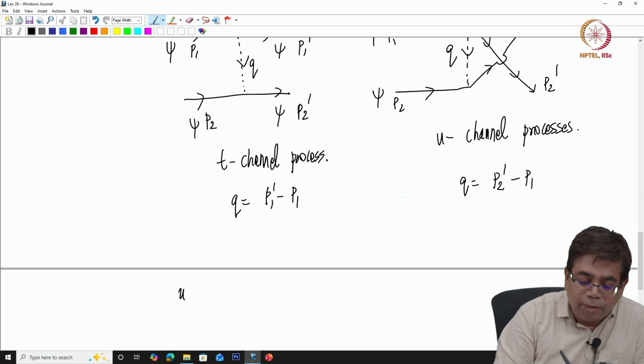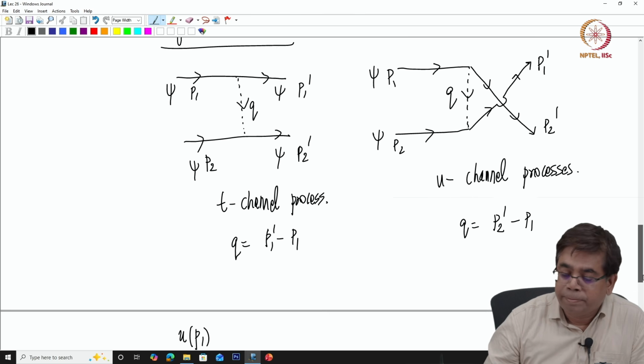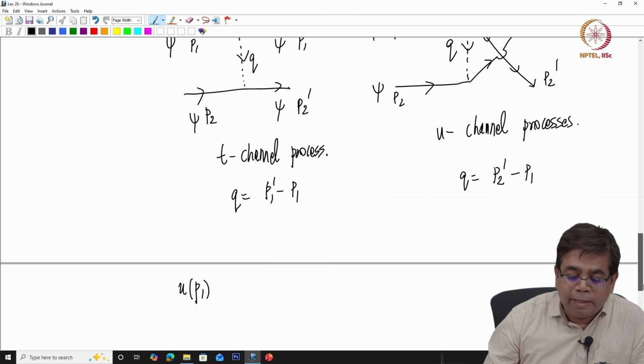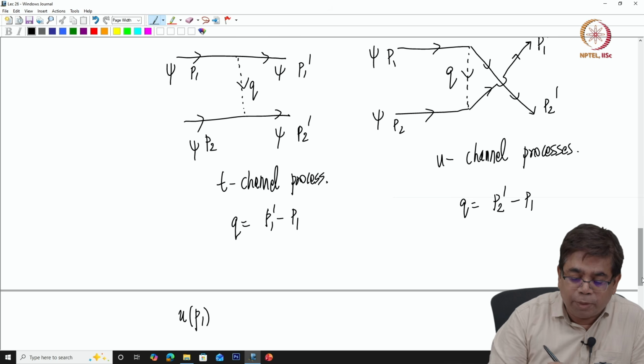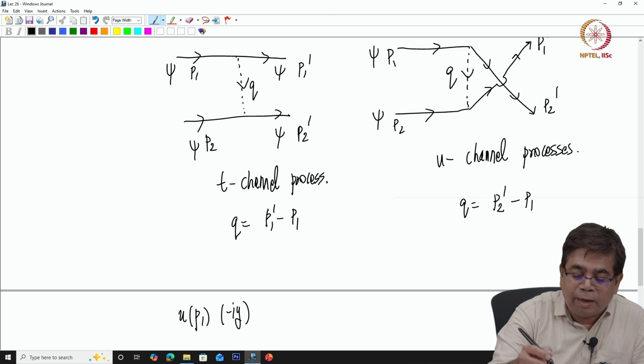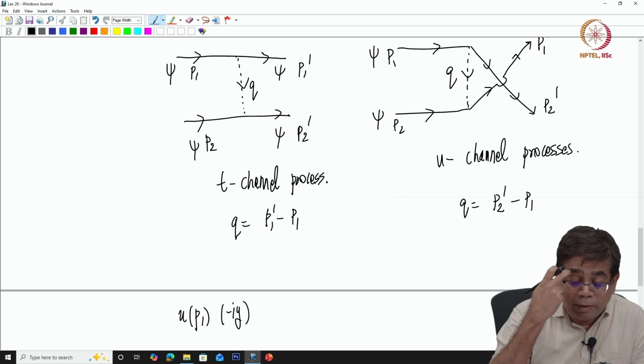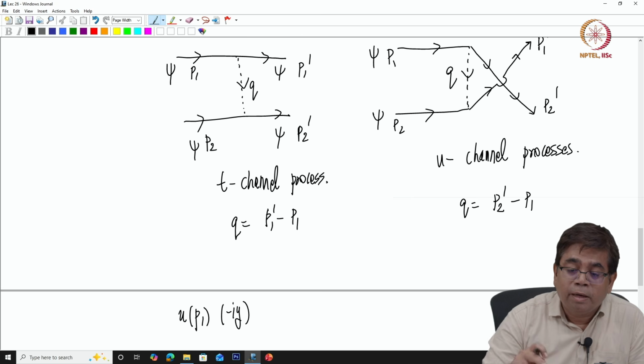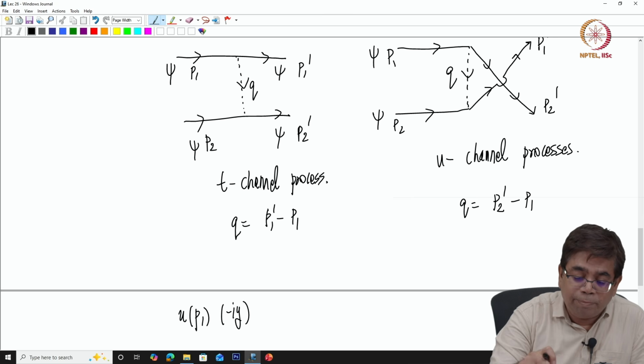So, you will have u of p 1 coming in, and then there is this vertex essentially which is minus i y, then you have the outgoing u. So, that gives me u bar p 1 prime.